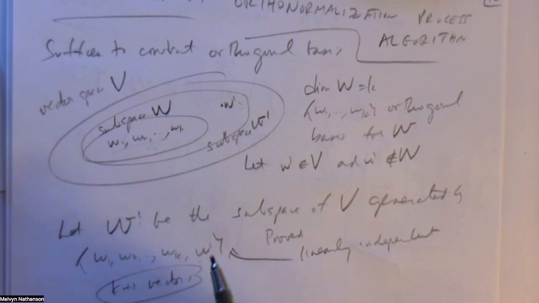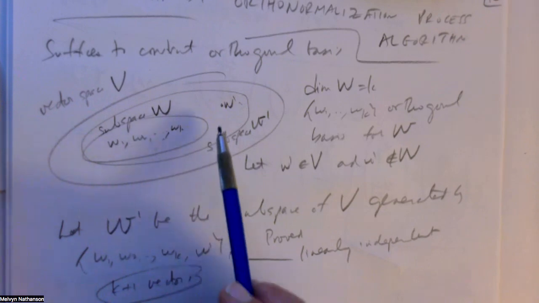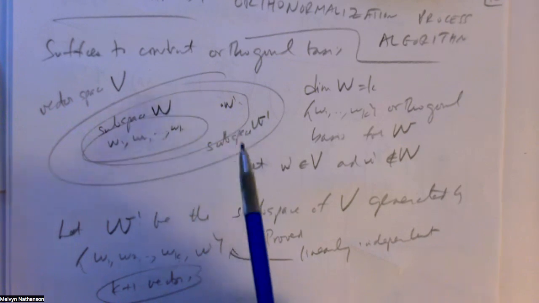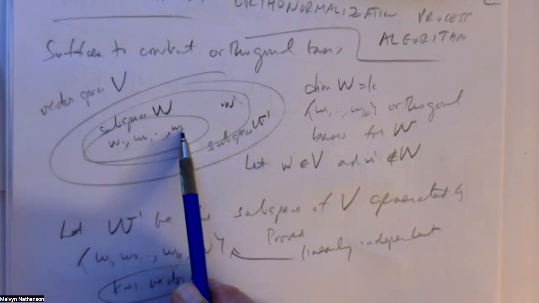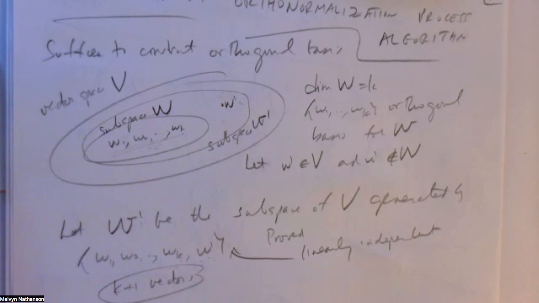Now I want to get a vector wk plus 1, which is orthogonal to all of these vectors, and not parallel to w prime, but linearly independent from w1 to wk.